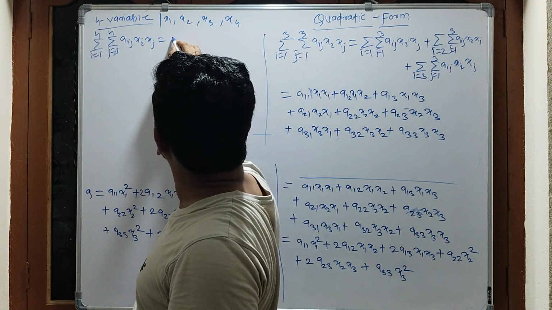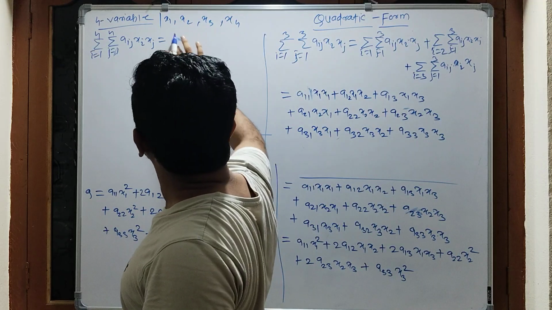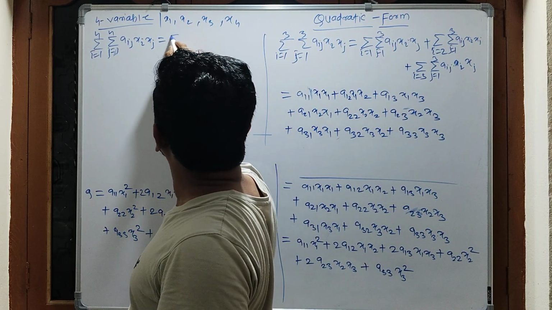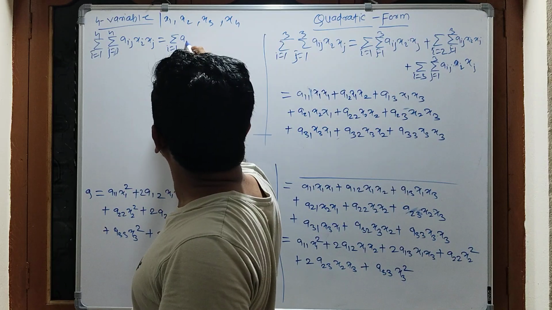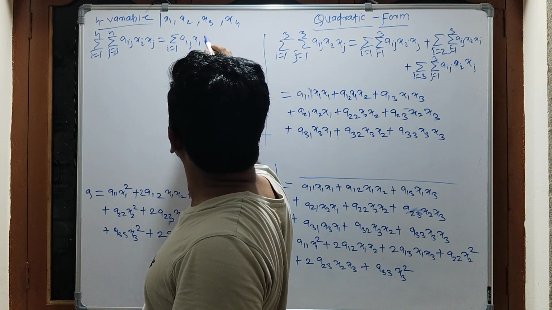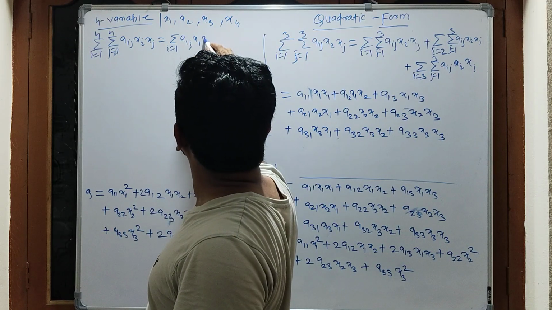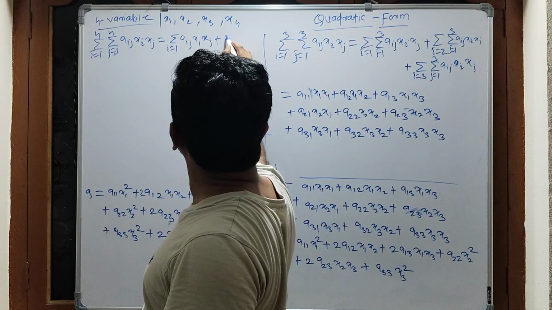So first fix i equal to 1. Here I will directly write i equal to 1 and this is j. Here I am fixing i and this is x_j.